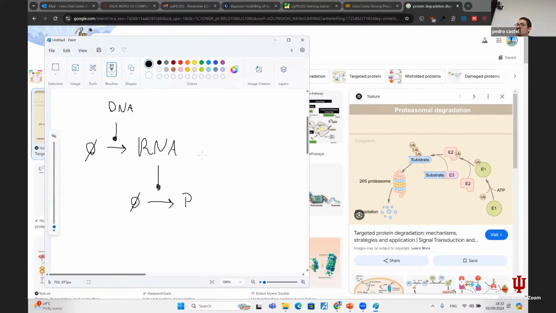The sigmoidal function? Okay, no problem. And then this guy also decays, and this guy also decays, so you don't have those infinites. Yes, this is a reasonable model.